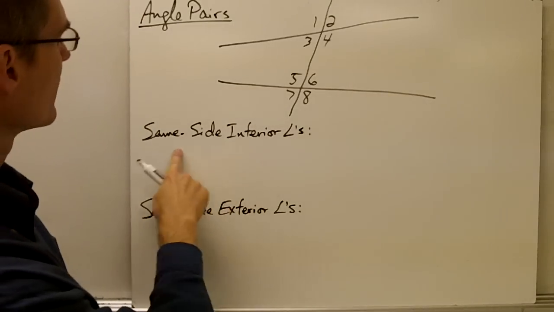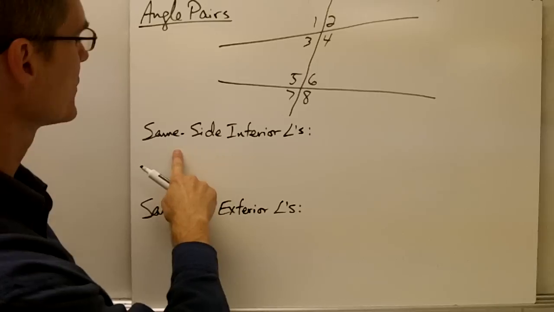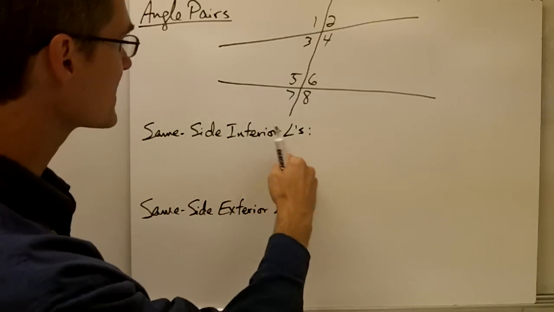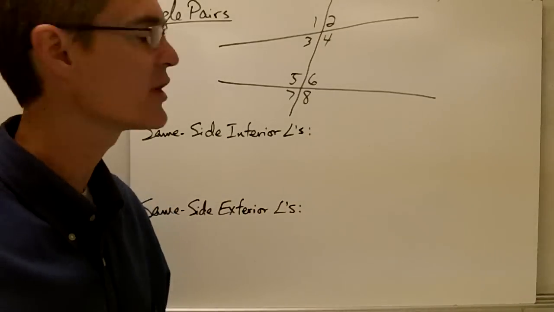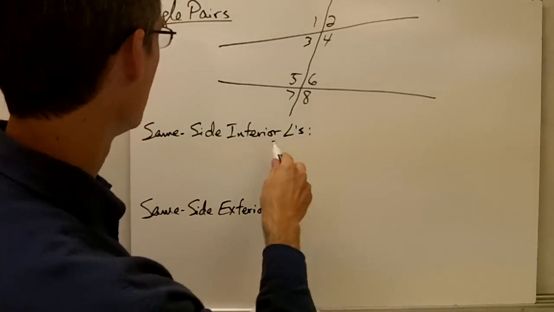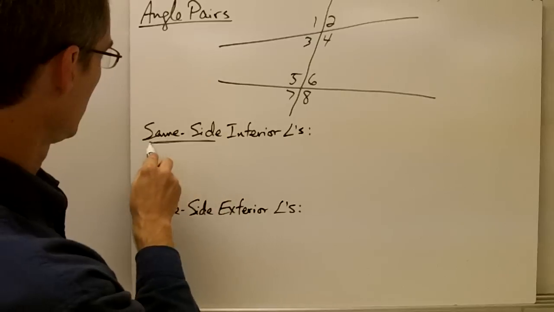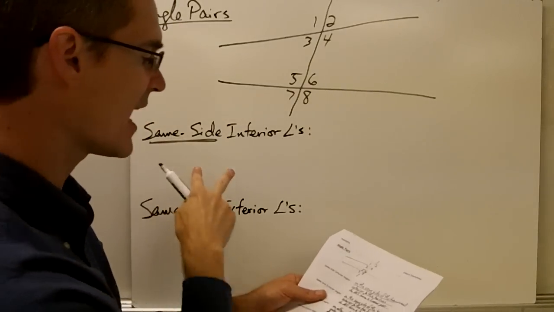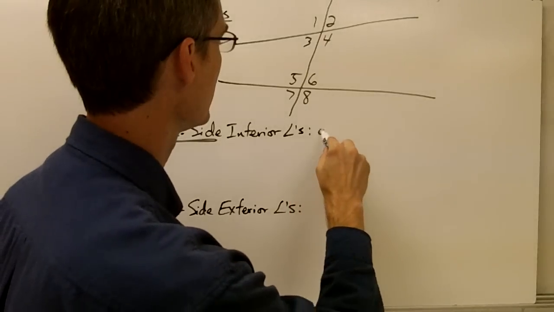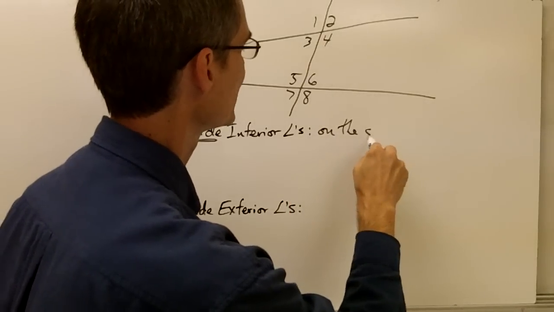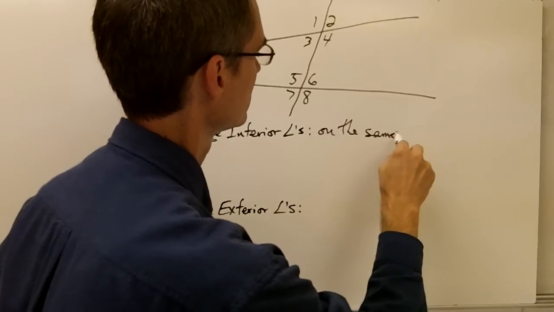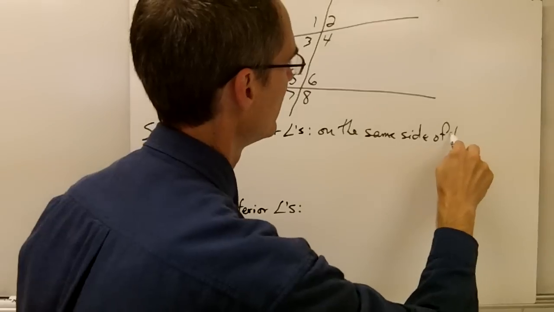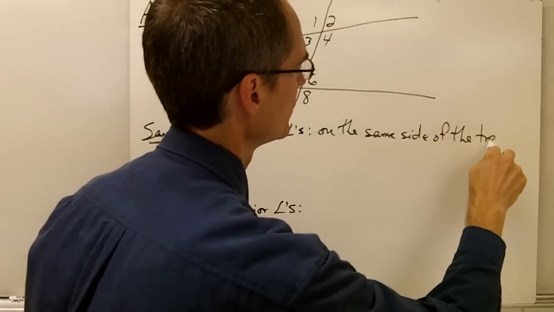So the first type of angles that we want to talk about are called same-side interior angles. Now, same-side interior angles have 3 characteristics. The first one has to do with this description here. They're same side. The first characteristic is that they are on the same side of the transversal.